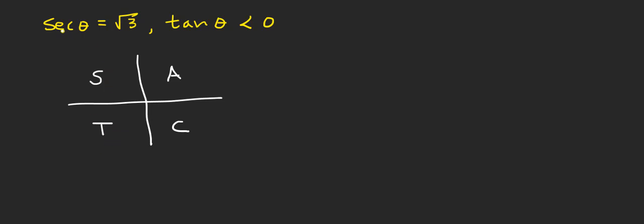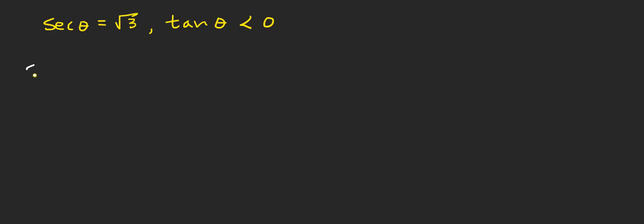So now, when is secant theta positive? Secant theta is positive only in first and fourth. So this could only happen in the fourth quadrant. And we know that secant theta is r over x. And notice we could rewrite radical 3 as radical 3 over 1.